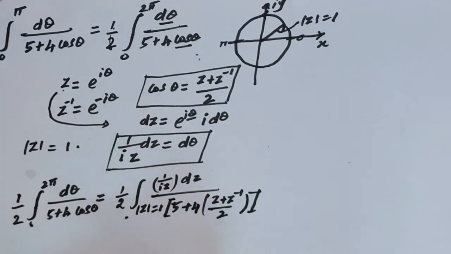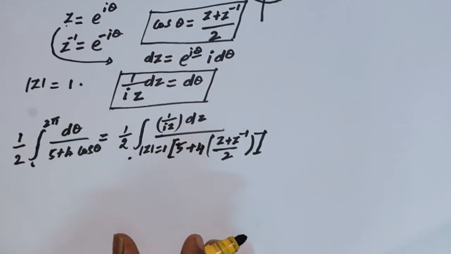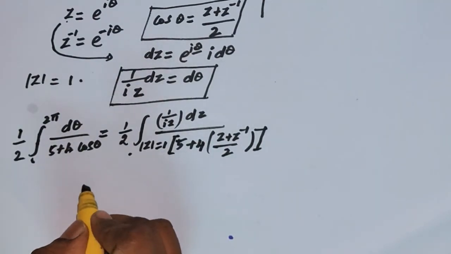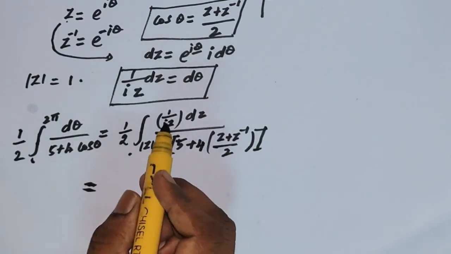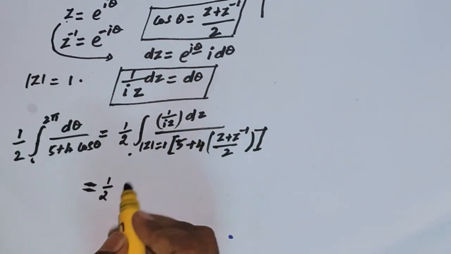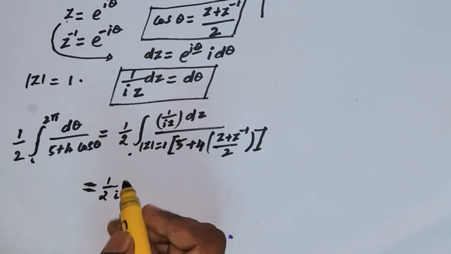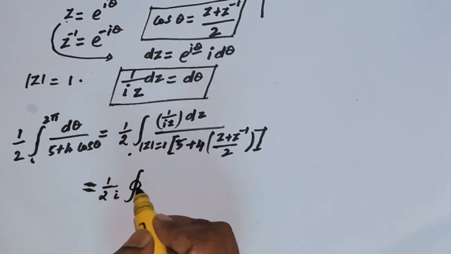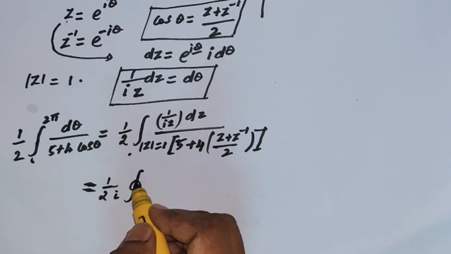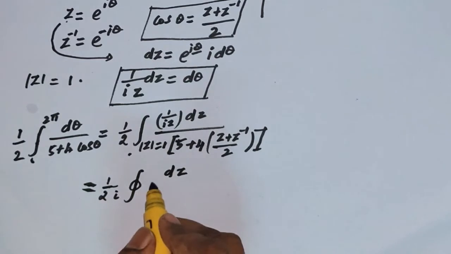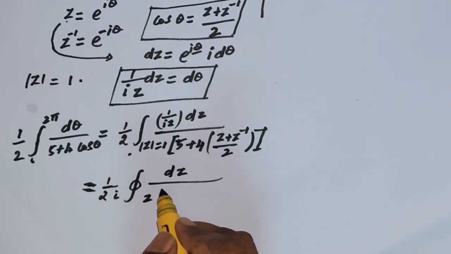Now you can rewrite to simplify this form. You can take the 1 by i outside. So it is 1 by 2i, integral over the unit circle, mod of z equal to 1, of dz, and the 1 by z goes into the denominator as z.